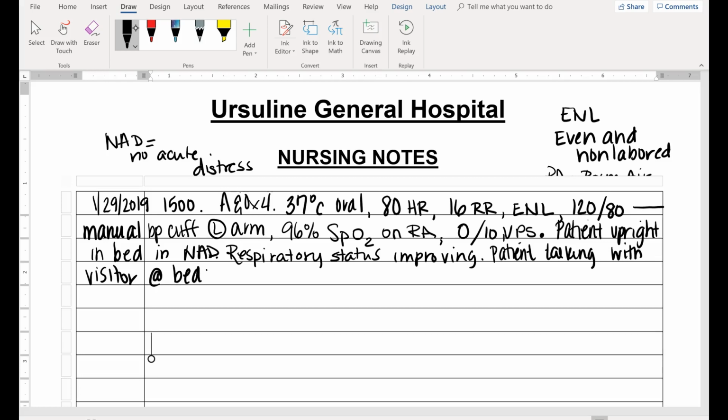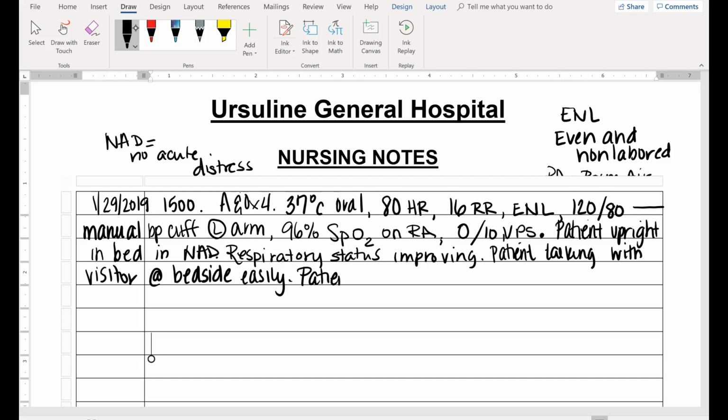And please note that you are printing, not writing in cursive. Okay. Patient is talking with the visitor at bedside. Then I want you to list an intervention, okay? You don't have to write intervention here, but I want you to provide some sort of intervention. Usually it's education.